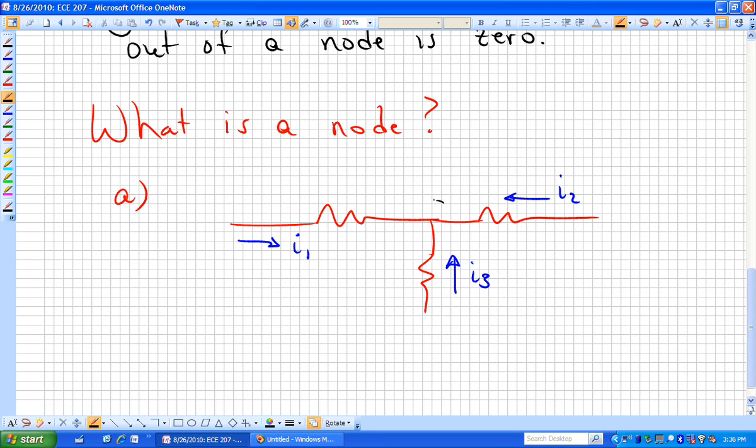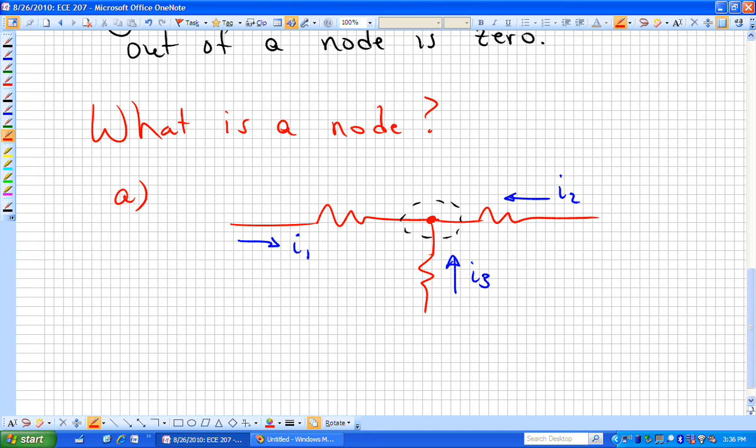In this case, hopefully it's fairly clear that this electrical connection point is a node. If that's a node, then the algebraic sum of those currents needs to sum to 0. Or you can think of it many different ways. You could say, all the currents coming into that node must sum to 0.